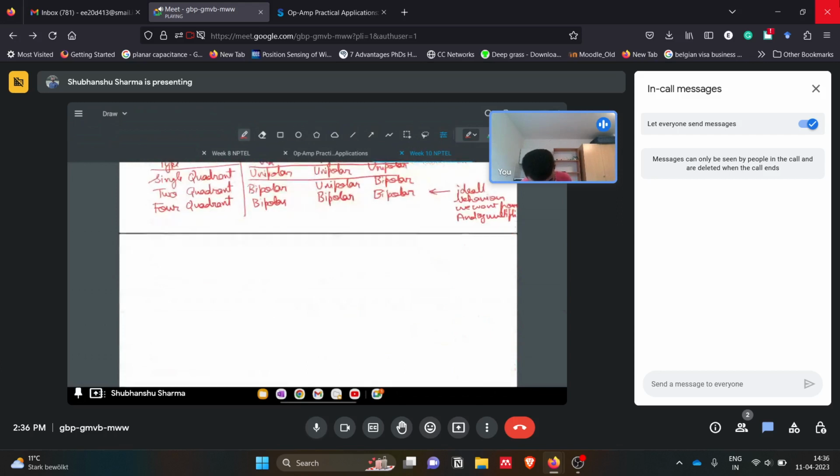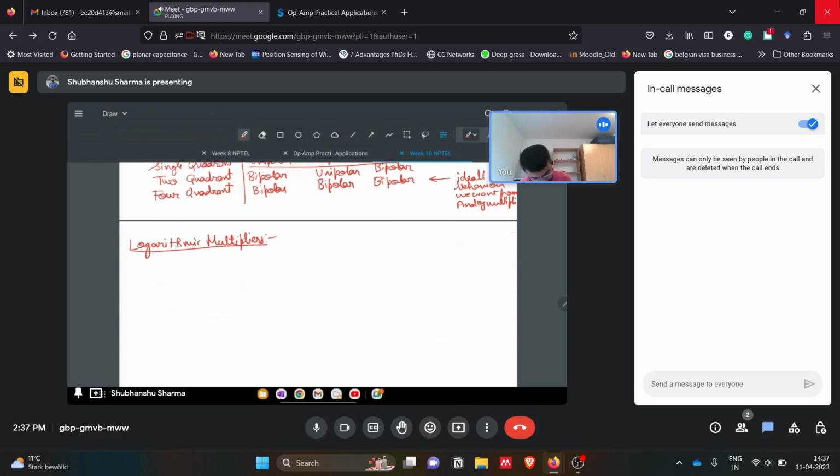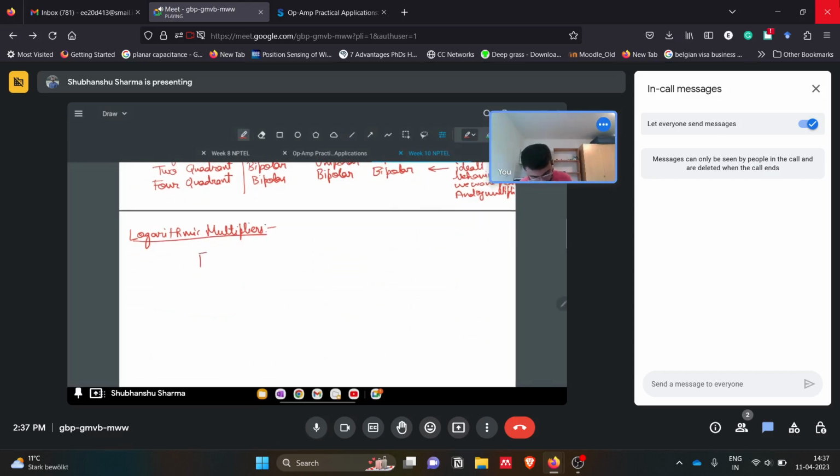There are also logarithmic multipliers, as the name suggests. We use two log functions, one log and another log.